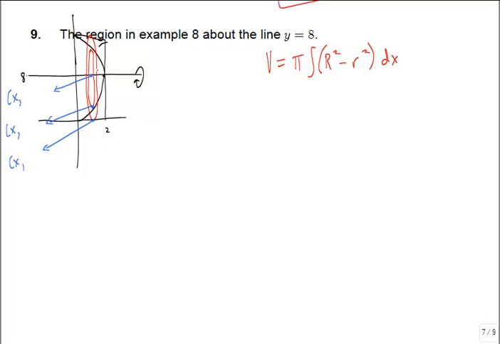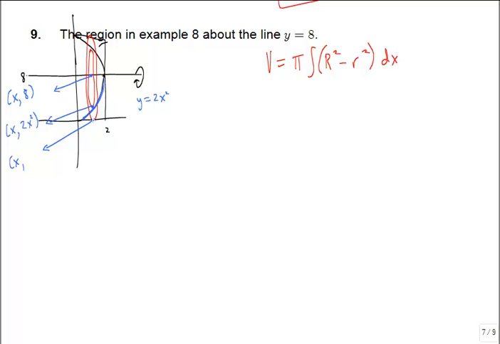The center point is along this line y equals 8, so its y value is always 8. This inner point is along our curve, and remember our curve was y equals 2x squared, so the y value is just 2x squared, and that's in terms of x's, which is what I want. So I can just use 2x squared, I don't need to do any solving.